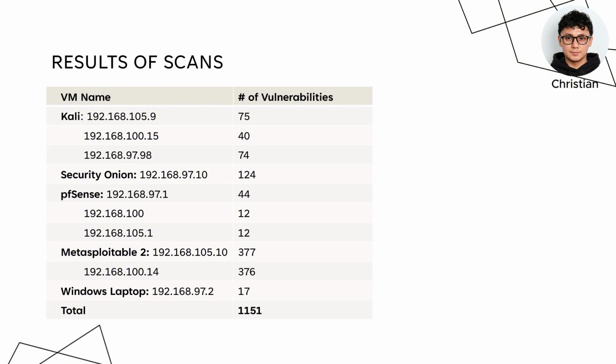Specifically, we will address the top 10 vulnerabilities of Metasploitable 2. This targeted approach ensures that we mitigate the most significant risk first, leading to an improved security posture for our network. Our focus on Metasploitable 2 is a strategic decision to tackle the highest risk vulnerabilities.